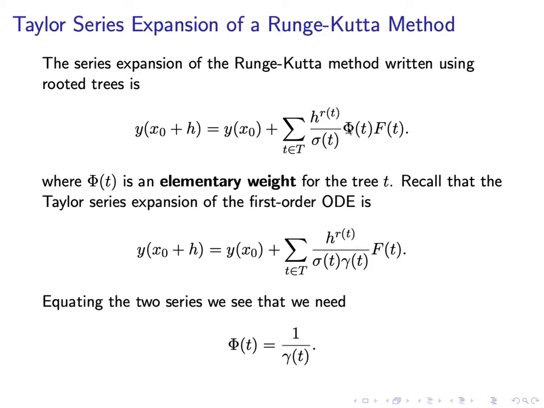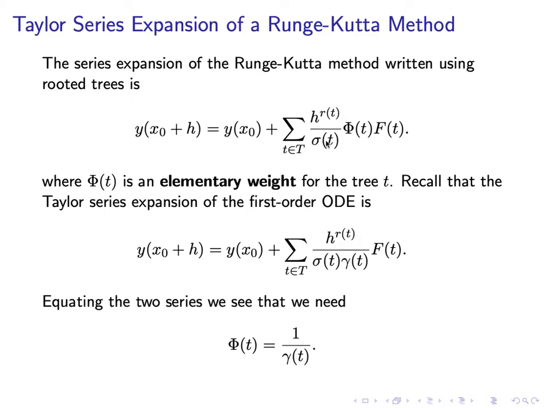This phi T term here is known as an elementary weight, and each rooted tree has an elementary weight, which is a function of the A, B and C coefficients from a Runge-Kutta method. What I've done here is copy in the Taylor series expansion of the ODE. This up here is a Taylor series expansion of the Runge-Kutta method, and you can see they're very similar.